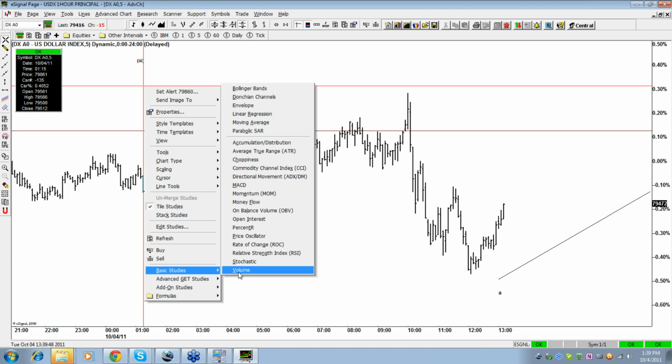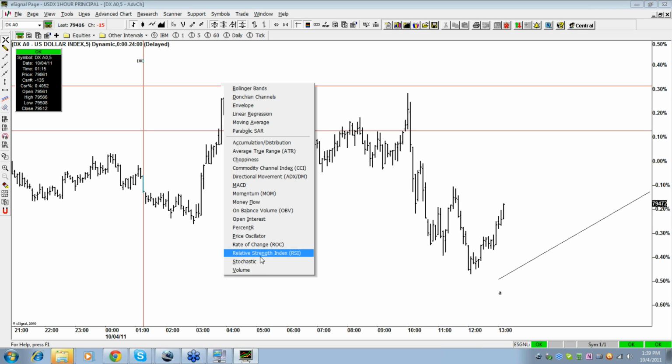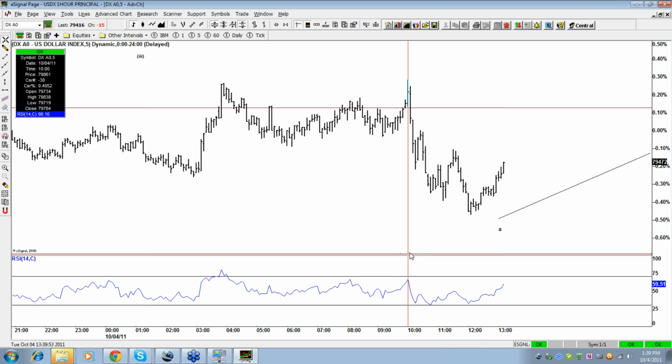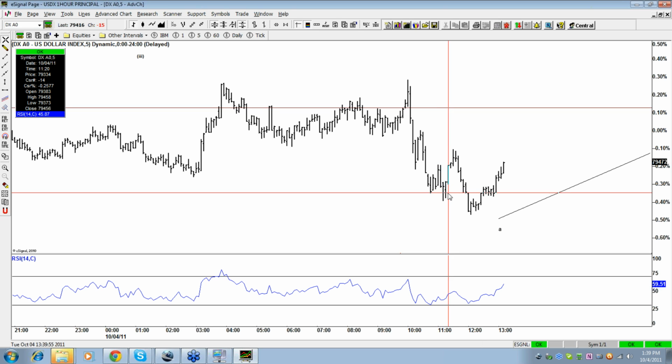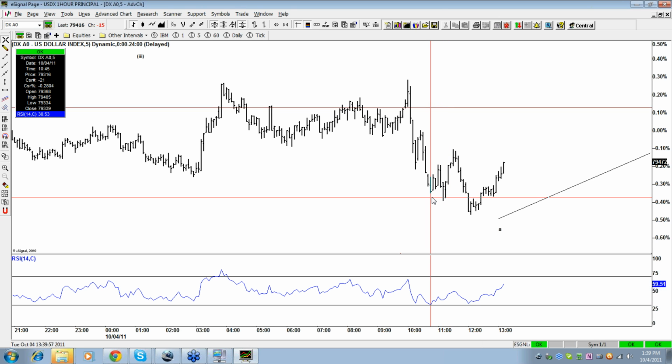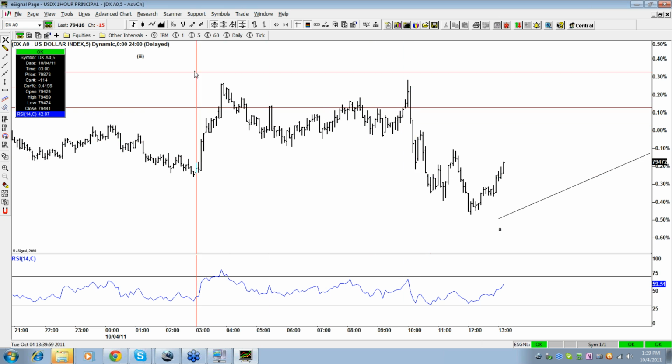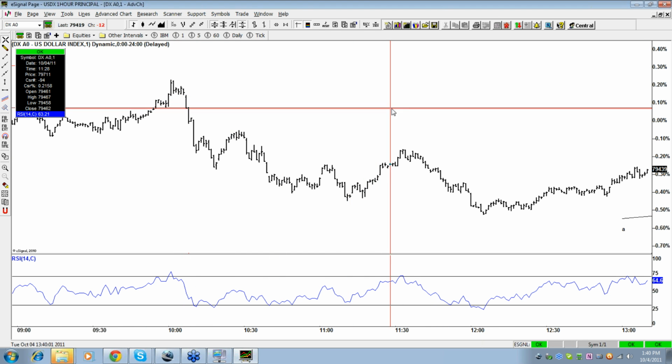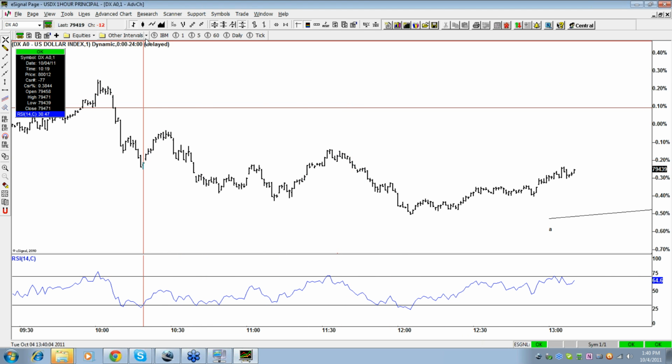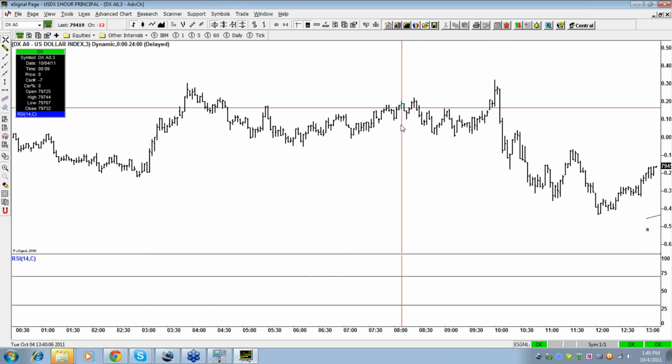So the dollar is doing a flat. That's what I say, that it's a chance. Look, divergence on the last low right here, a little bit of divergence. So it can be a flat. You guys see now why I say a flat?